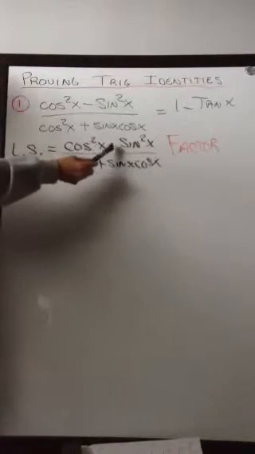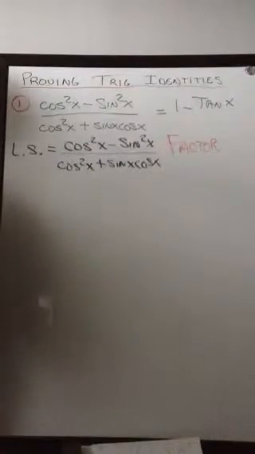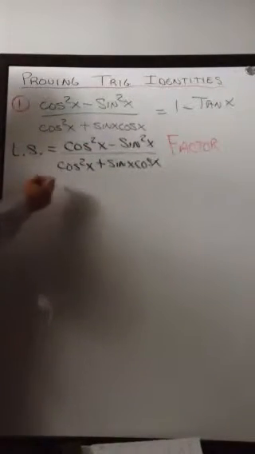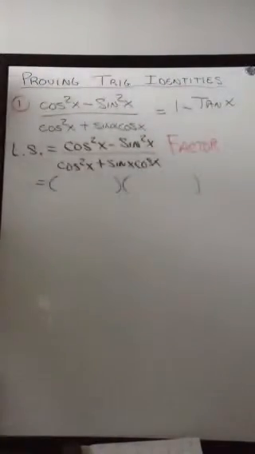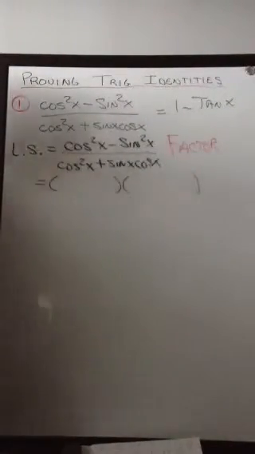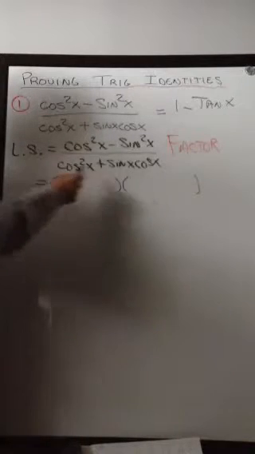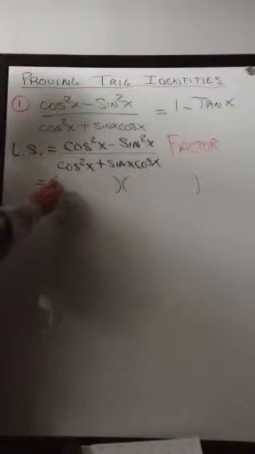On the top, in the numerator position, this is a difference of squares. You have a squared term minus another squared term. When you factor the difference of squares, you get the product of two binomials. In the first position of each bracket goes the square root of the first term.